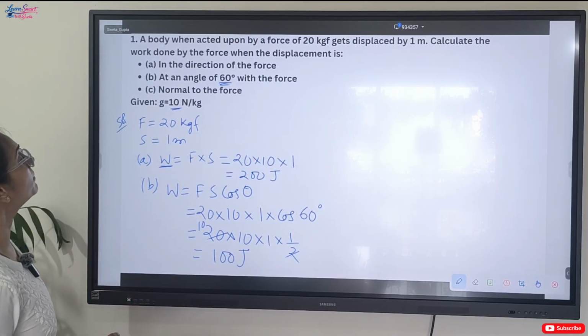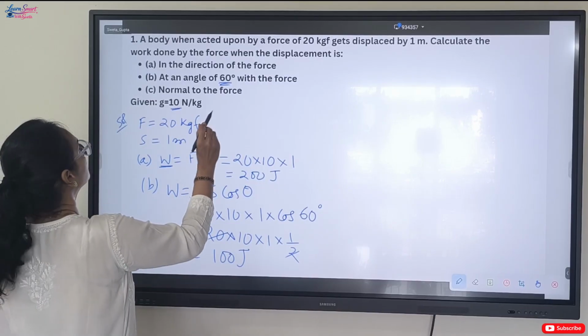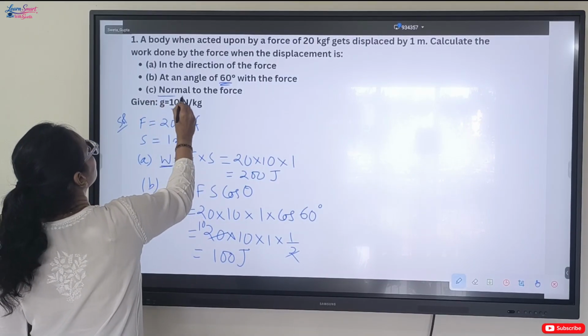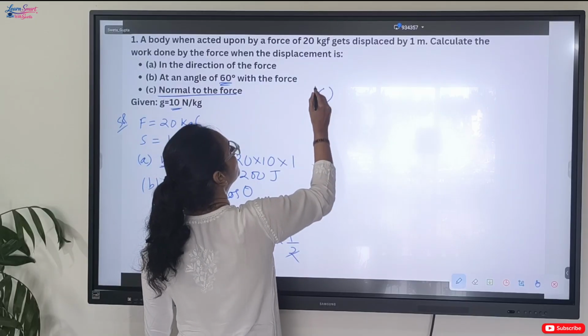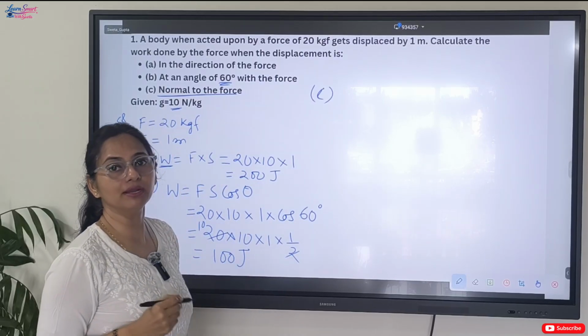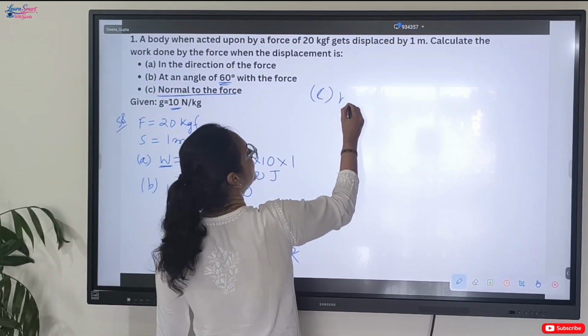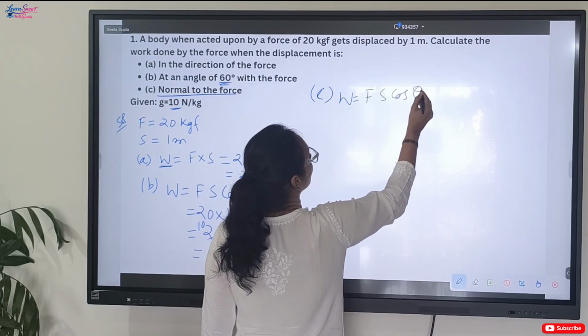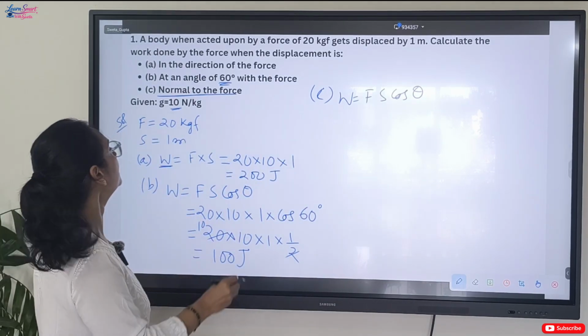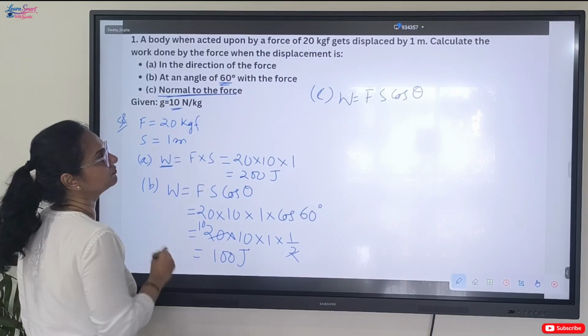Next, third, normal to the force. We have to calculate the work done when the displacement is normal to the force. So normal, which means perpendicular, 90 degree. So formula will be W is equal to Fs cos theta and we will take cos 90 degree because it is normal to the force.